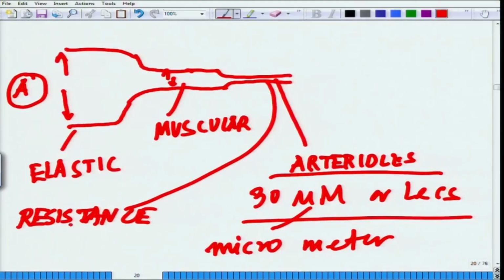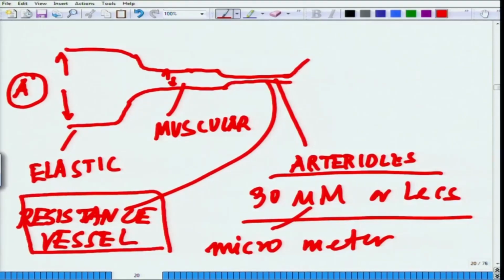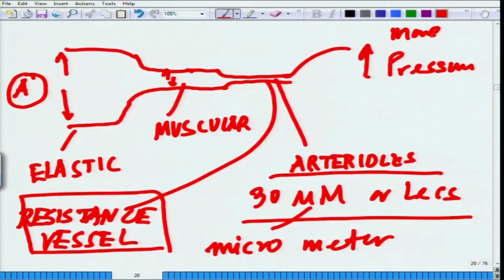A resistance vessel. More pressure is needed to make the blood flow through them.